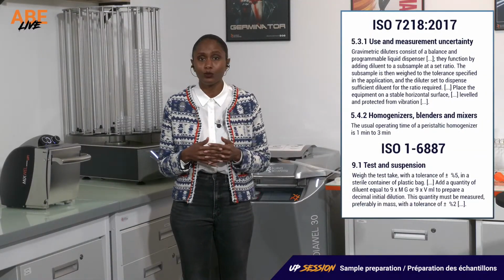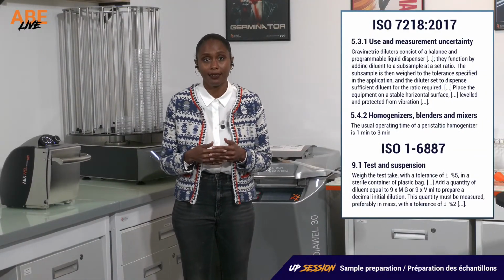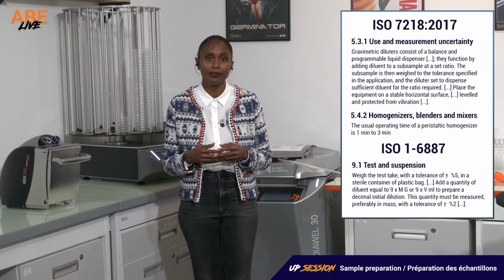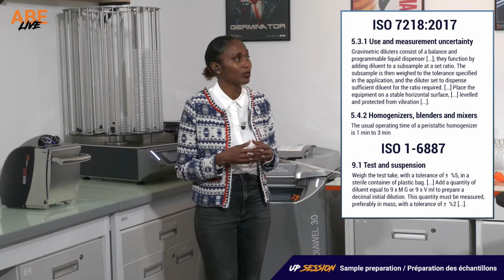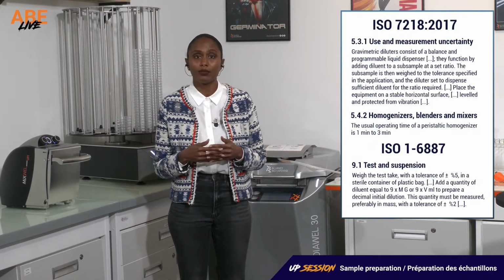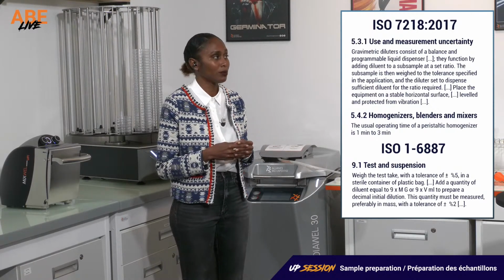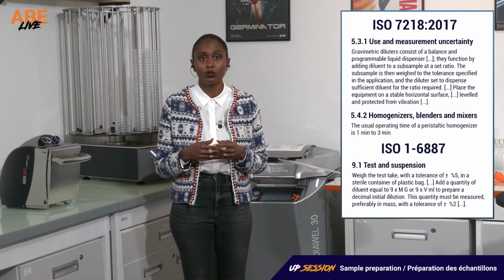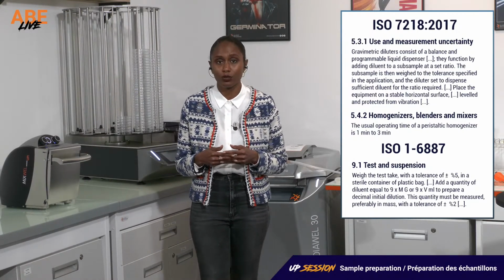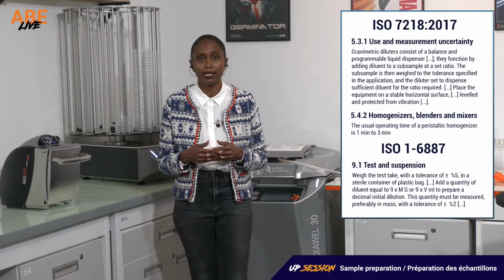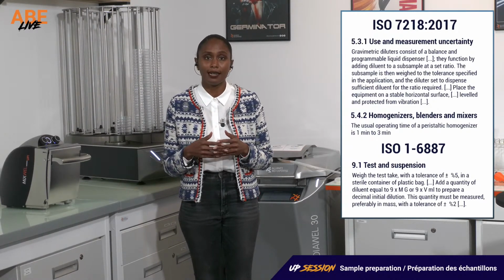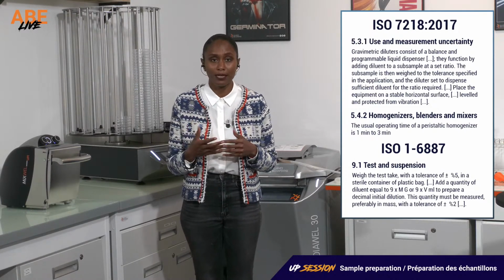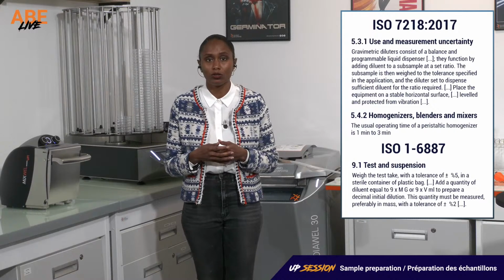Two mainly. The first one is the ISO 7218, and in these standards, it talks mainly about the equipment, their usage, and how to ensure their performance. So if we take, for example, the first part, the dilution, the ISO 7218 indicates that you need to use gravimetric dilutors, and that the gravimetric dilutors are equipment that have a precision scale coupled with a mechanism to dispense the diluent that you use to do the dilution.